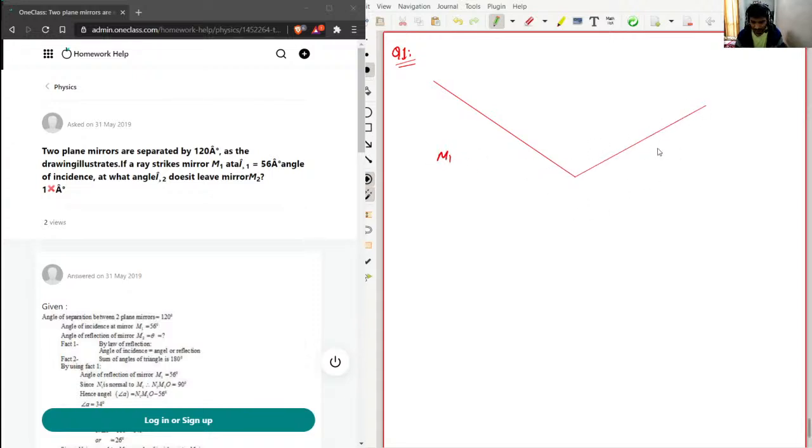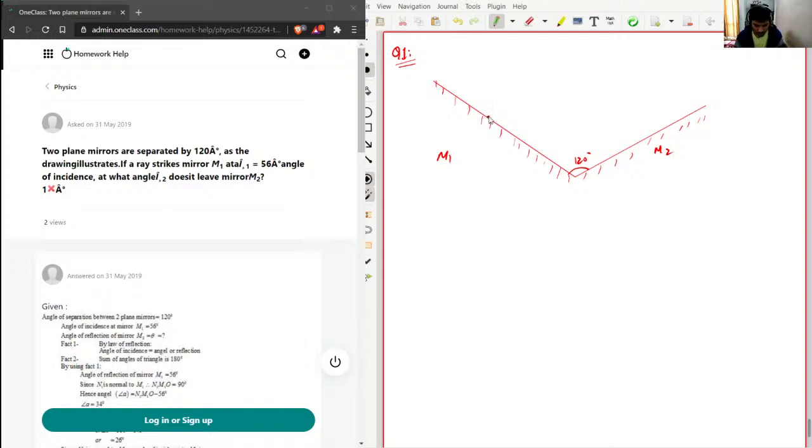Let's say this is mirror M1, this is M2, and this is a mirror, so it will reflect everything. And now the angle here is 120, and let's say the ray is striking at this point, the first ray, and it is making an angle of 56 degrees.